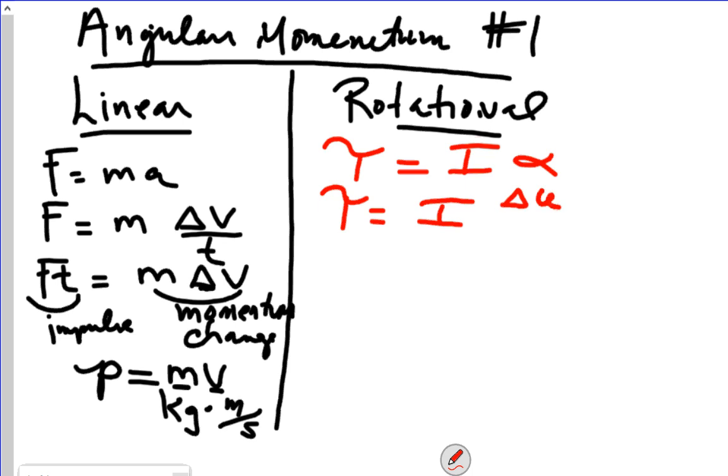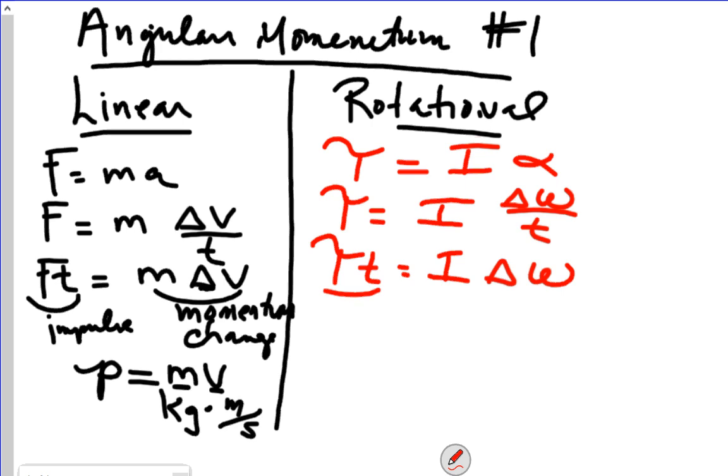It's the change in angular velocity per unit time. And let's move over the t. So this is what I would consider a rotational impulse. If I want something to change its rotation, I'm going to have to apply not a force, but a torque. And I will have to apply that over a period of time.